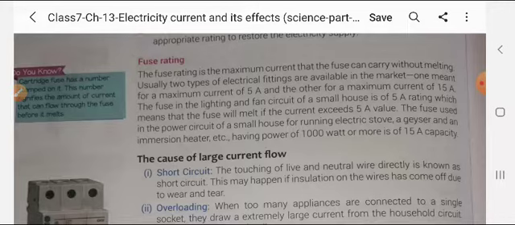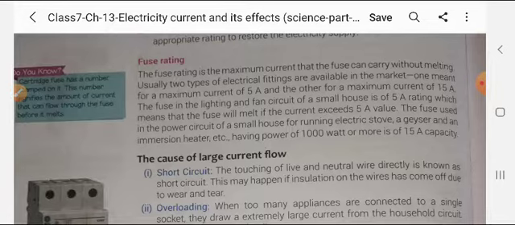The fuse used in the power circuit of a small house for running an electric stove, geyser, and appliances that consume more power, like a geyser, electric heater, or induction, means the house is consuming power of 1000 watt or more.